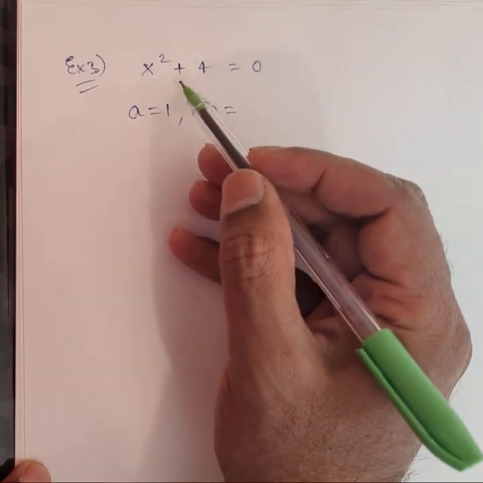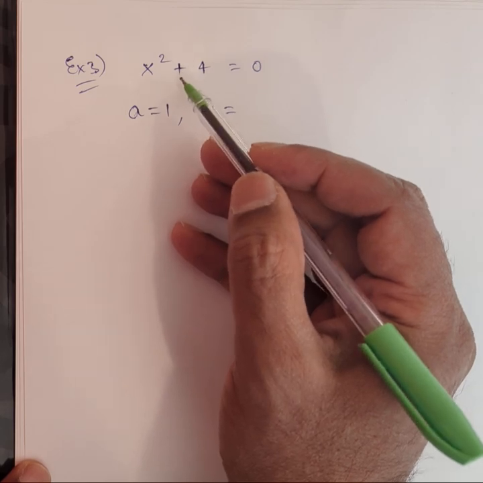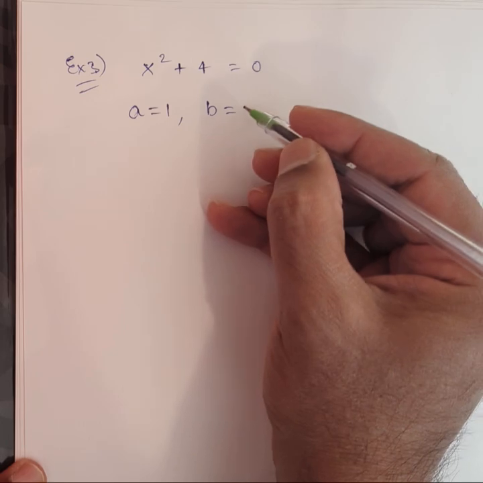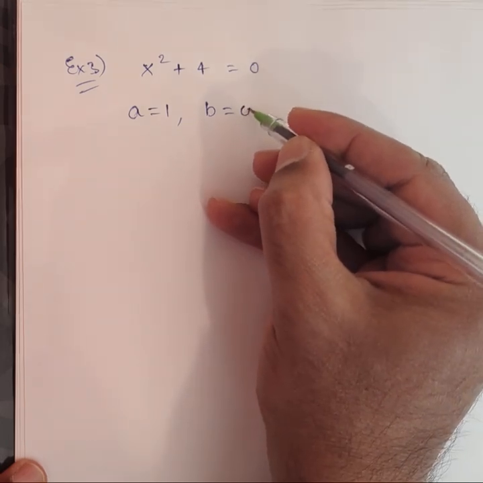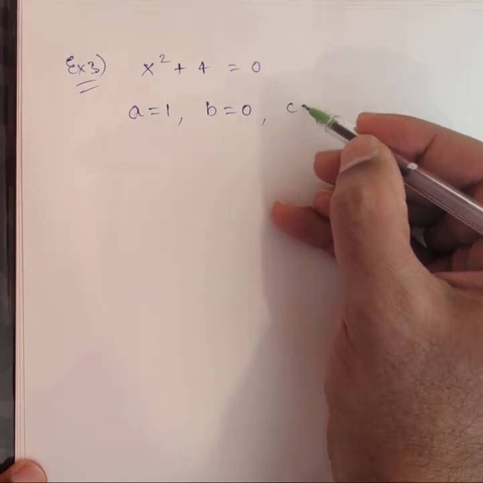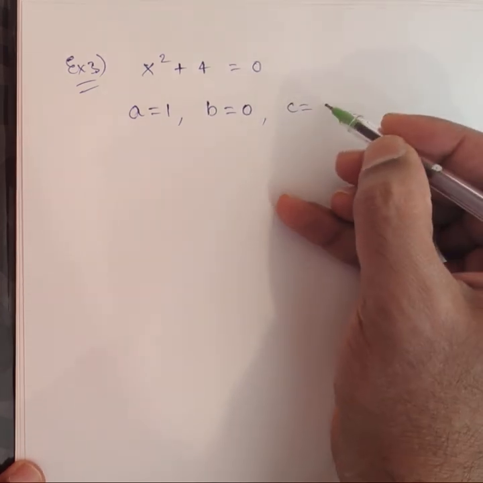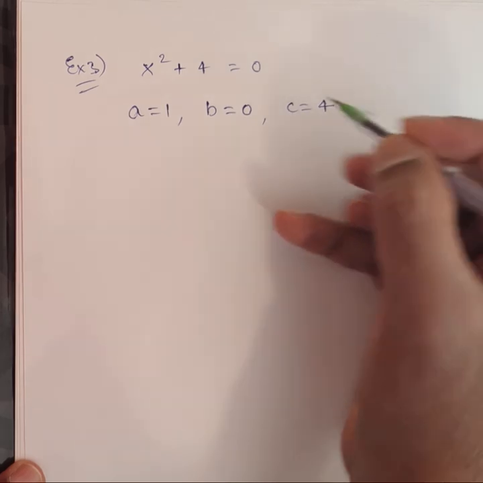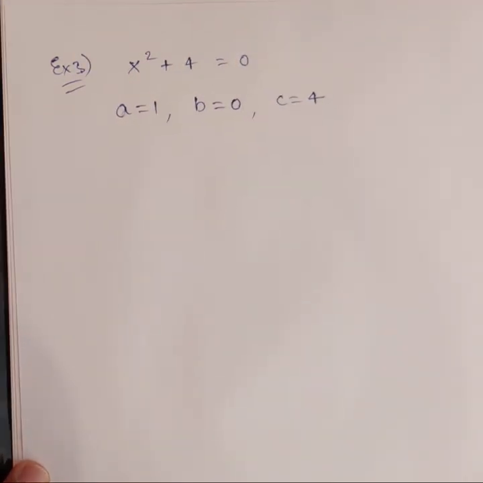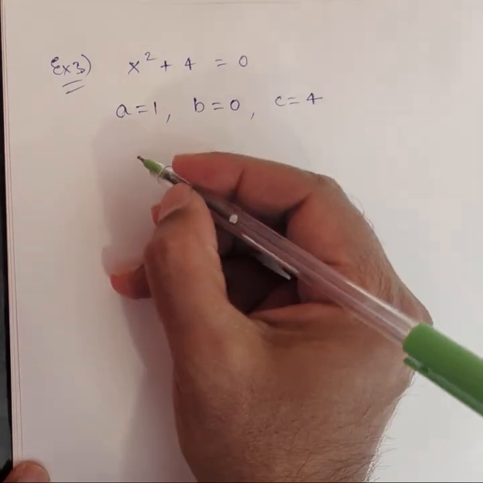B would be the coefficient of x, and if the x term is missing, that means the coefficient of x is 0 or b is 0. Now what you see is actually c, the constant term. So I have a equals 1, b equals 0, c equals 4.